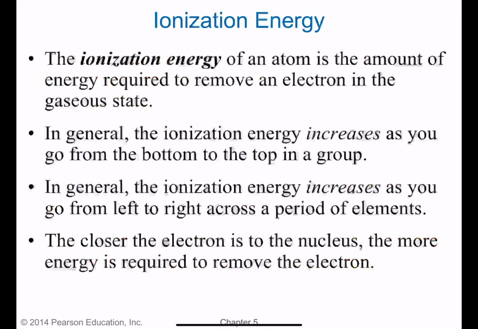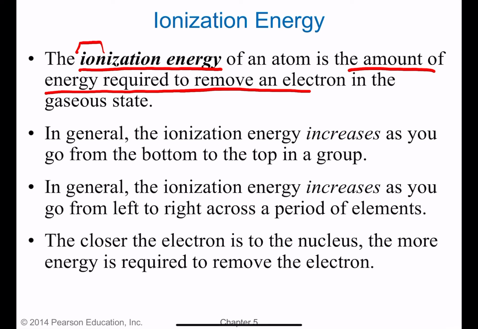Another trend that's very important is called ionization energy. So we've got the word ion in here. An ion is essentially a charged particle, and ionization energy refers to the amount of energy required to remove an electron, specifically in the gaseous state.